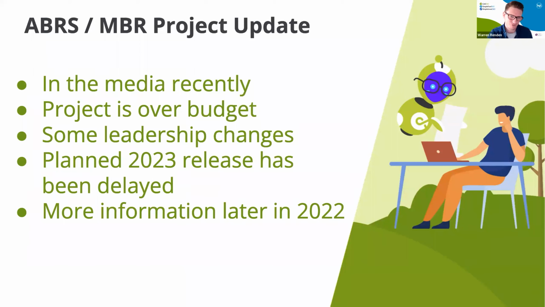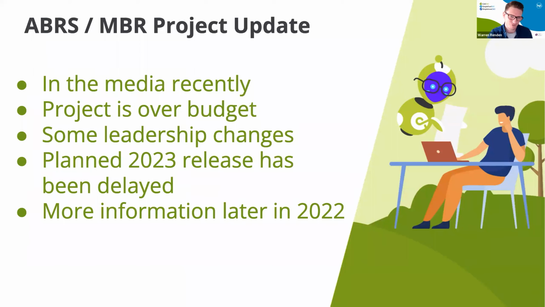To give you an update, the ABRS are sending out letters to directors that have been appointed since the new terms came in. I might be wrong on the date, but I think it was around mid-April. By mid-April, you had to have a director ID before you could be newly appointed. If you were an existing director on the 30th of October 2021, you have until the 30th of November 2022.